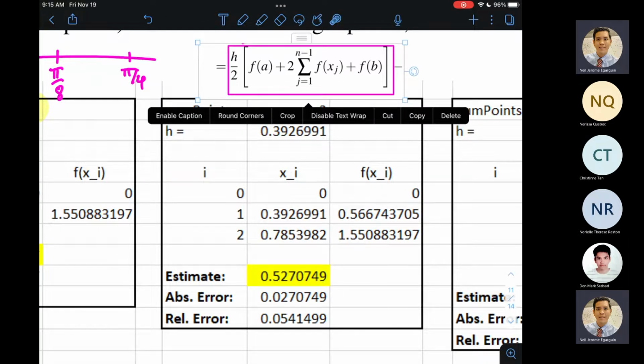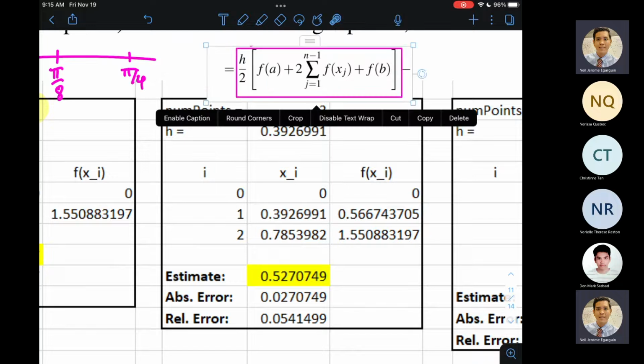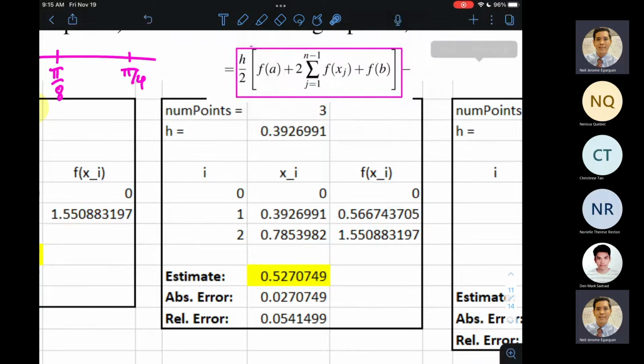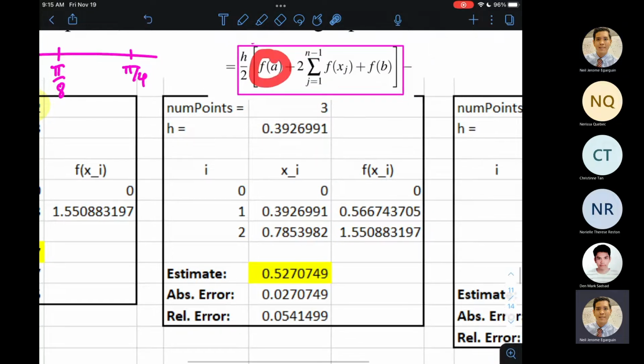So plug in f of 0 here. So it's gonna be f of 0 plus twice f of pi over 8 plus f of pi over 4, times pi over 8 over 2. So magiging pi over 16.